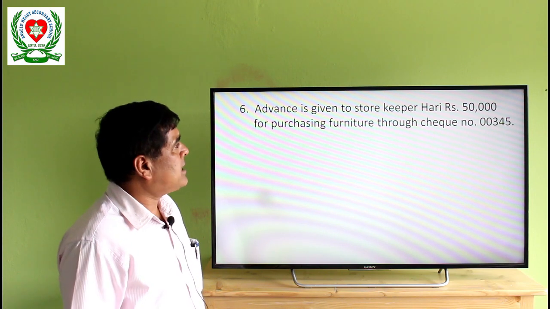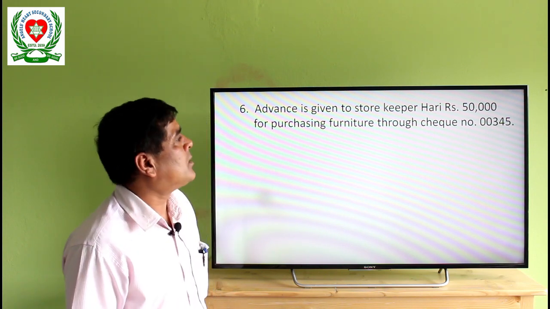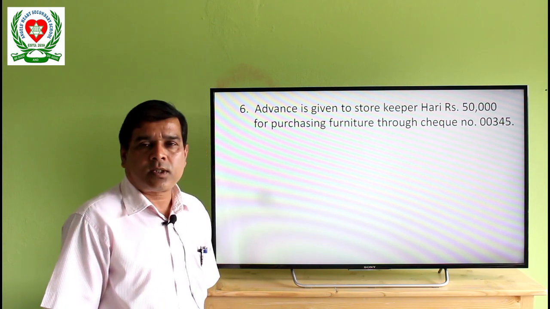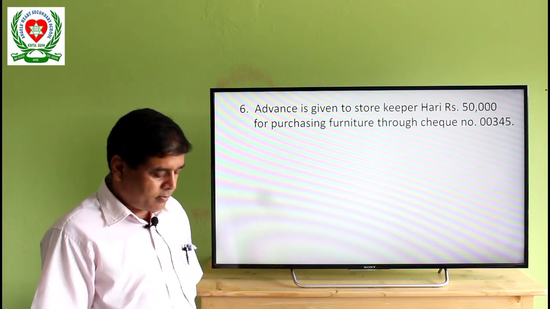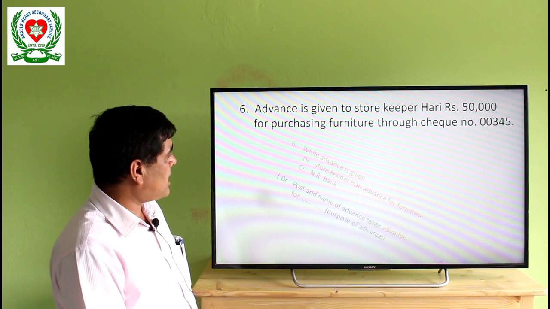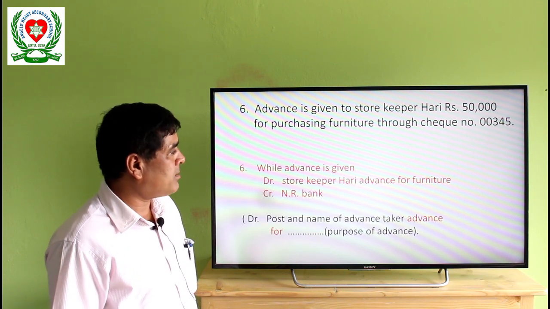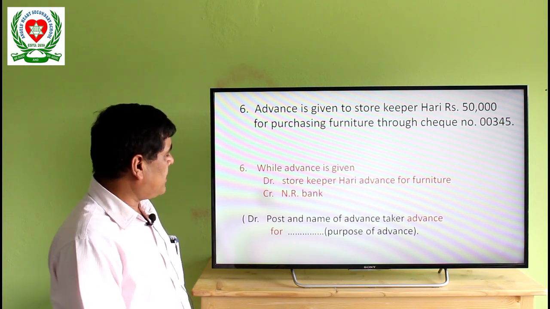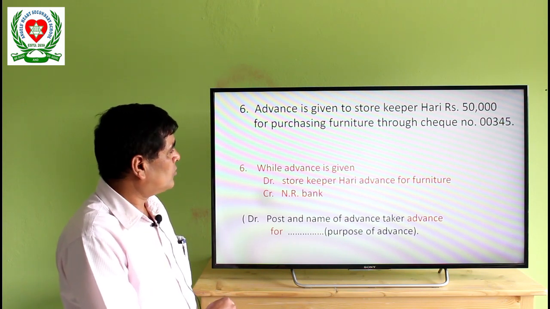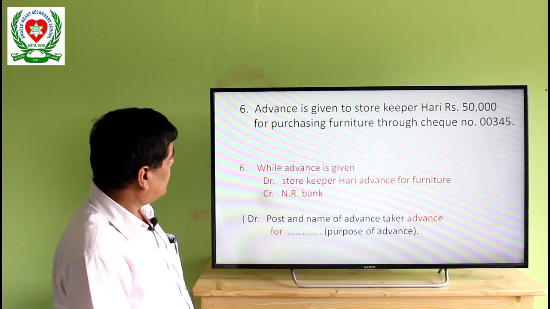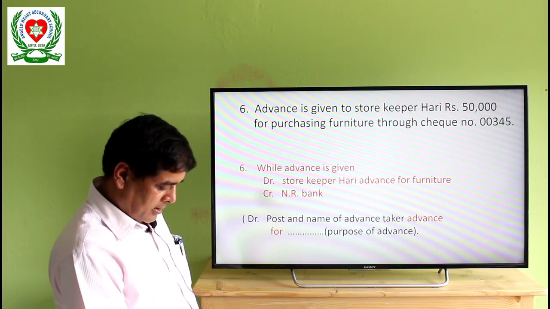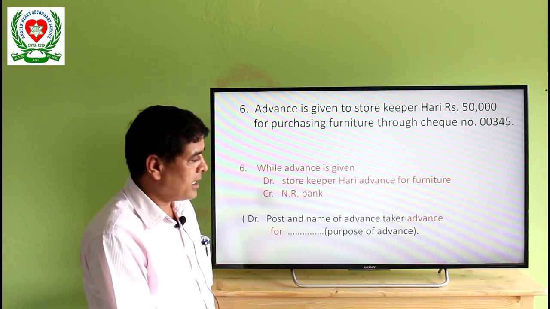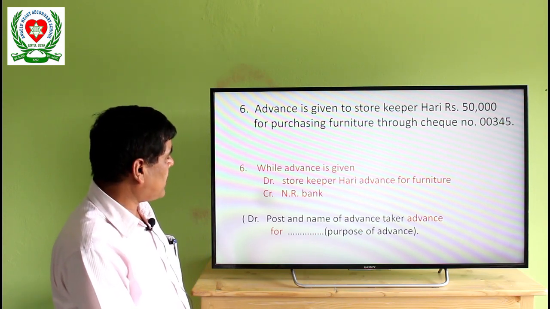Next number, advance is given to storekeeper Hari, rupees 50,000, for purchasing furniture through check number 00345. We have the formula: debit storekeeper Hari, advance for furniture, credit NR Bank.